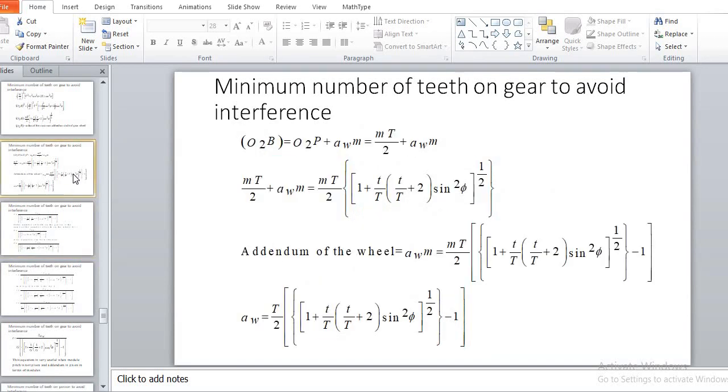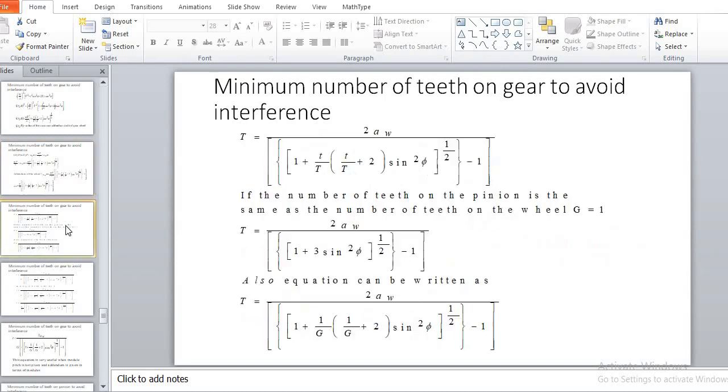Now we are interested in finding the number of teeth on the gear to avoid interference, so we are interested in finding t. T is equal to 2 times AW, and we shift the remaining term here. This is the desired equation.